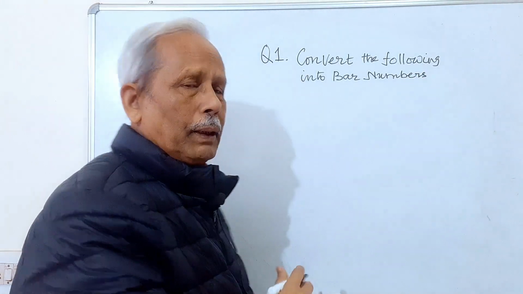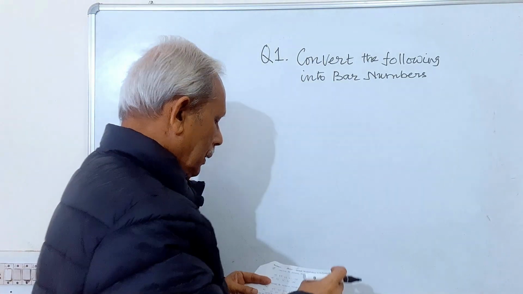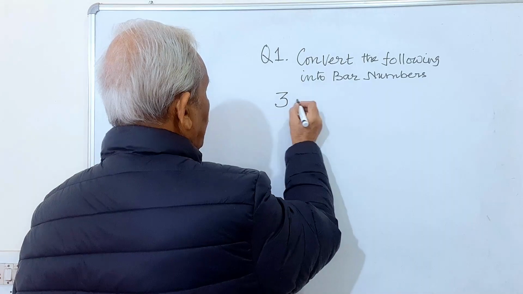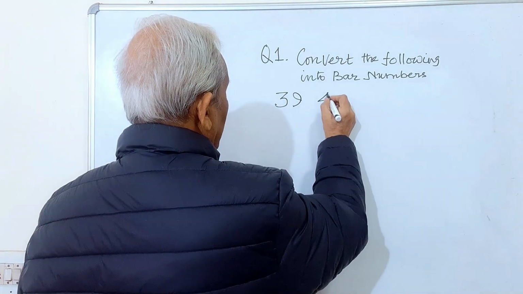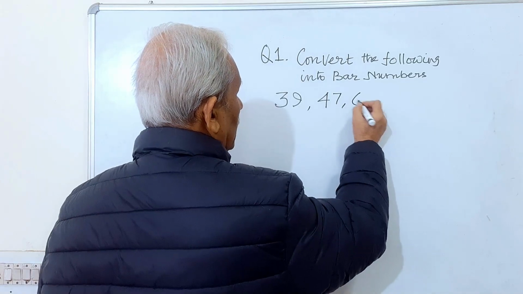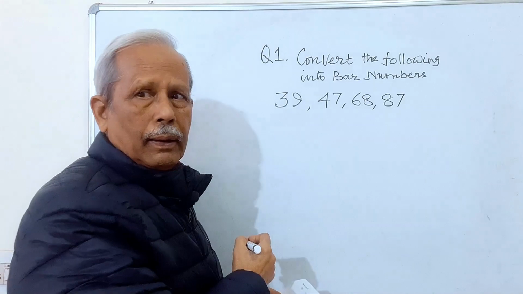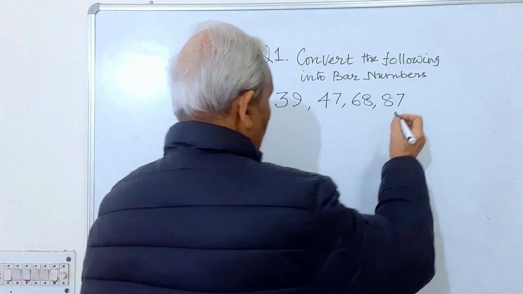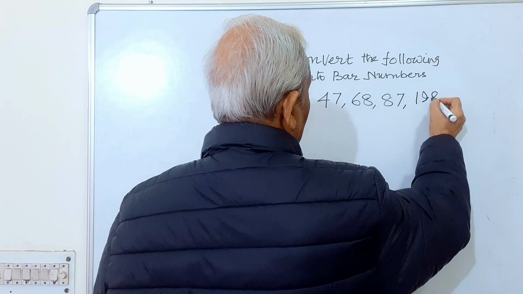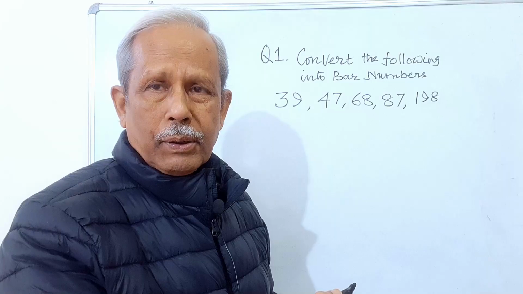I want you to be able to convert some numbers into bar numbers, and the numbers are 39, 47, 68, 87, and 198. Convert these 5 numbers into bar numbers, right?